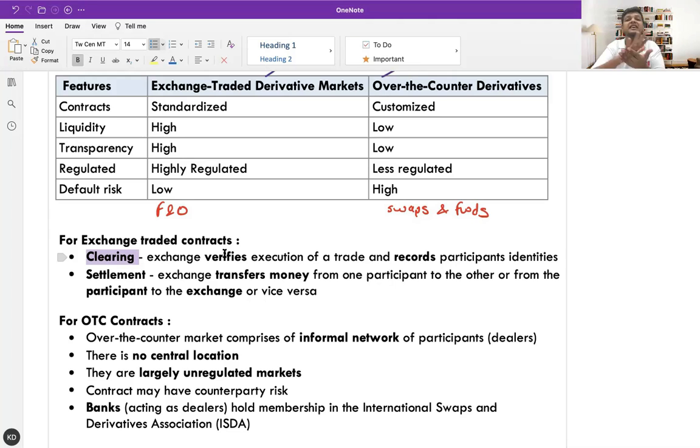Clearing is the process of verification, and settlement is the process of transferring or exchanging money from one party to another. That risk or headache is taken care of by the exchange. I don't have to worry about that. Correct?